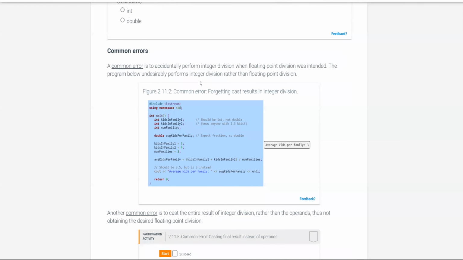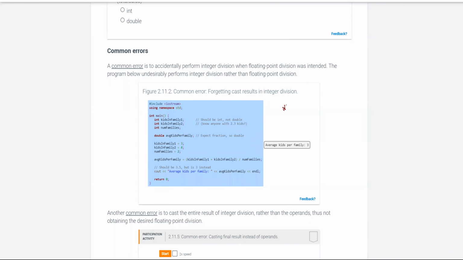Okay, so the common errors here: accidentally performing integer division when floating point division was intended. You always get these kinds of errors. Very important.